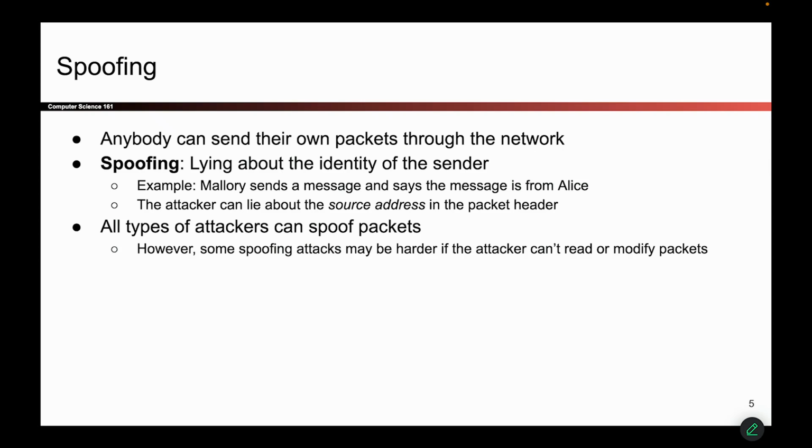But what if someone chose to lie? So what if Mallory sends a message, and instead of writing in the header that the message came from Mallory, she writes that the message is from Alice? Now, that's not actually true. The message is being sent by Mallory, but she's lying about the source address so that the message looks like it's coming from Alice when it's actually coming from Mallory.